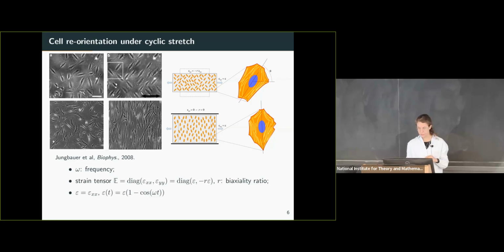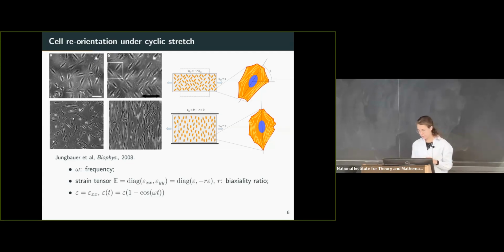In the first one, here in the first row, if you stretch your substrate, then you observe that your cells tend to dispose themselves in this way. So you will have these equilibrium orientations.